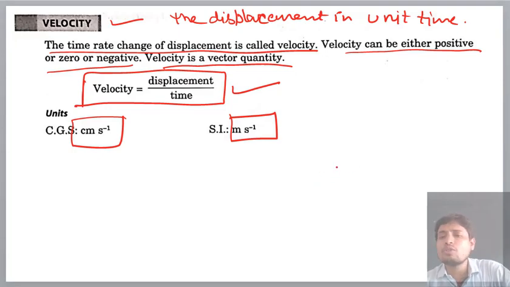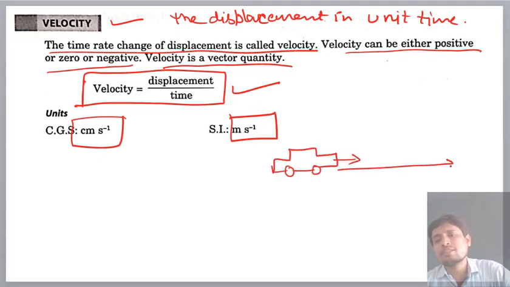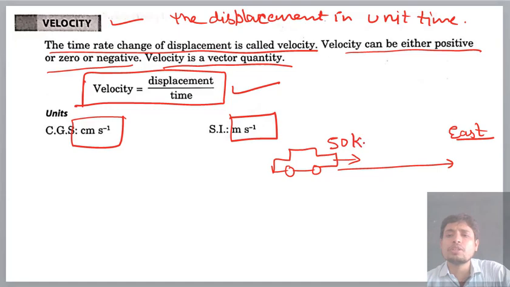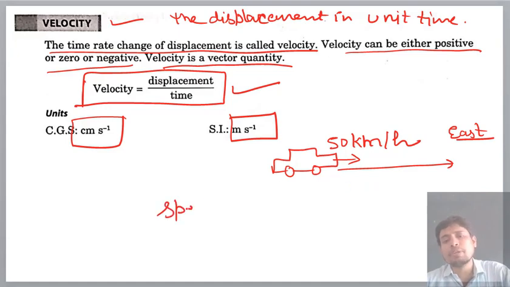Okay, now I want to tell you something. Suppose a car is moving with the speed of 50 kilometer per hour, okay, in the east direction. Then when you write the speed, you will say only 50 kilometer per hour.